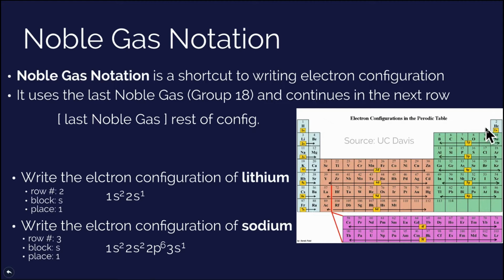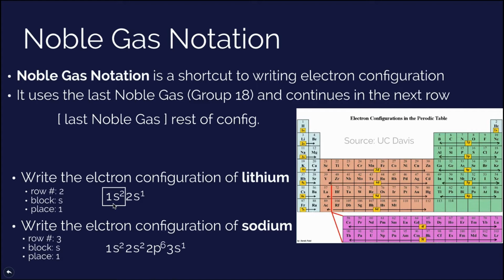If you wanted to write the configuration of helium, you would just go 1s because helium is located in the 1s and it's the second place of it. So the notation of helium would be 1s2. Notice that we already have 1s2 in the configuration for lithium.